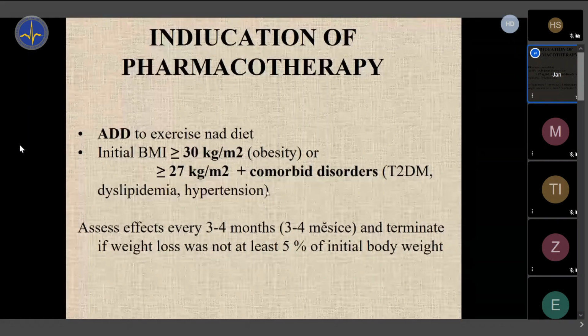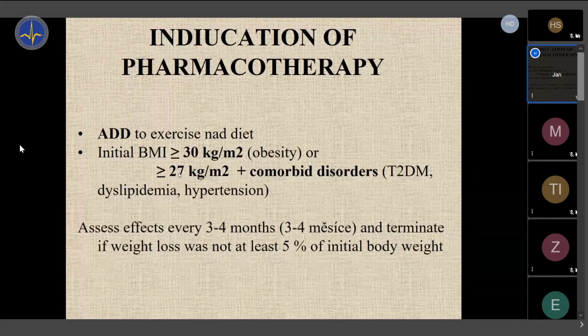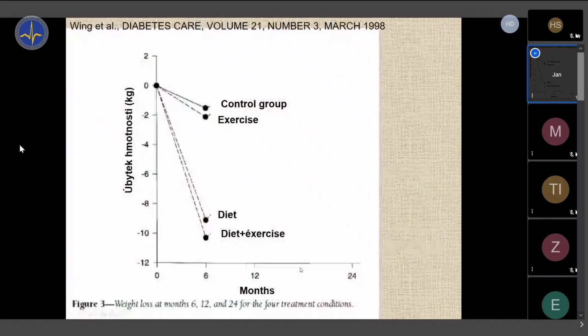These people can be treated even with a BMI of 27. You should always assess the effectiveness if the patient is taking medication, because maybe it doesn't work. If after four months there is no weight loss, they say at least 5%, you will probably discontinue the pharmacotherapy.